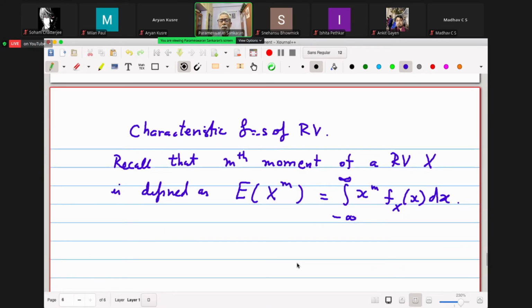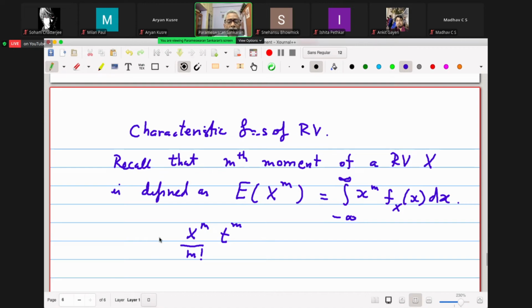Now it's sometimes convenient to think of x^m by m factorial and then introduce a variable t, t^m. Now t is just a symbol. You can think of t also as a variable, a real number, or you can think of it formally.